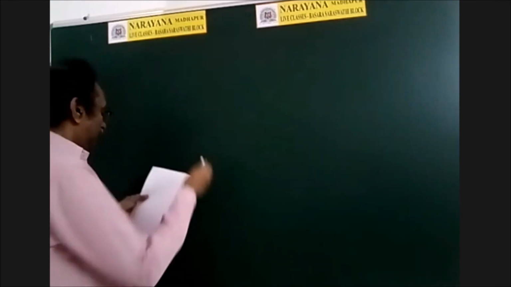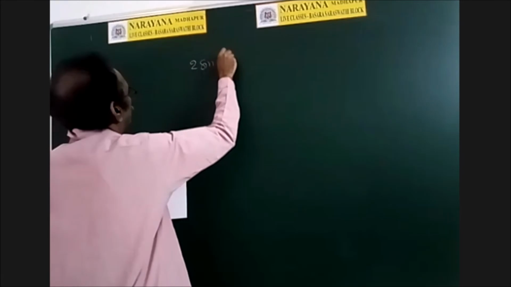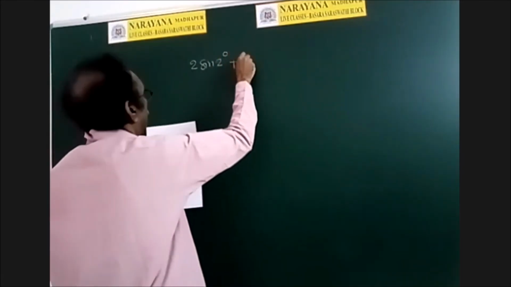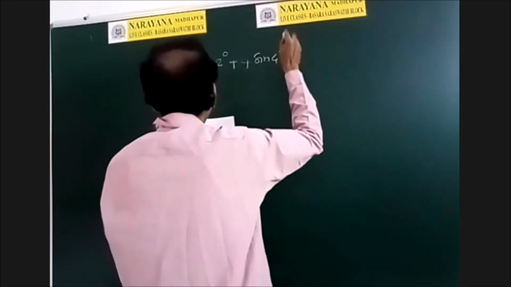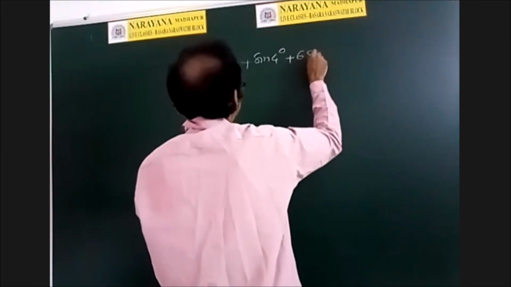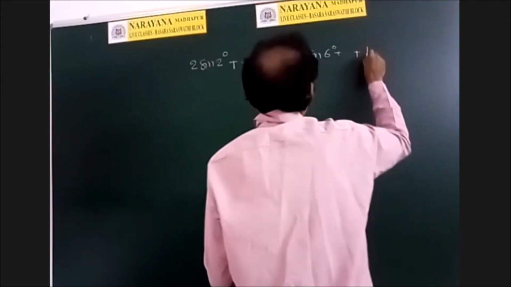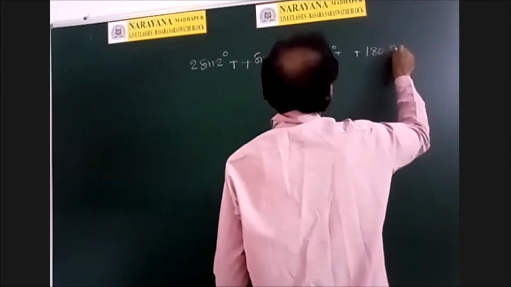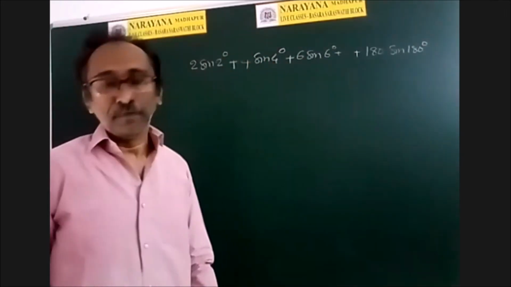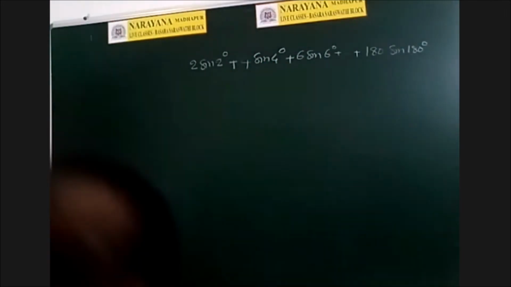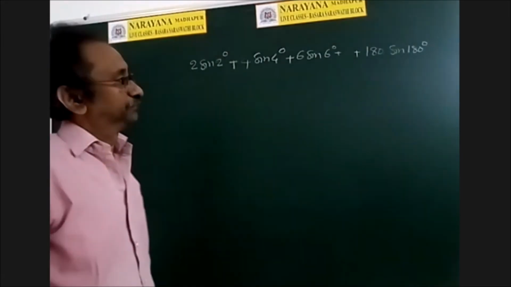See, find the value of 2 sin 2 degrees plus 4 sin 4 degrees plus 6 sin 6 degrees plus so on up to 180 sin 180 degrees. It is actually given in the worked out examples also.